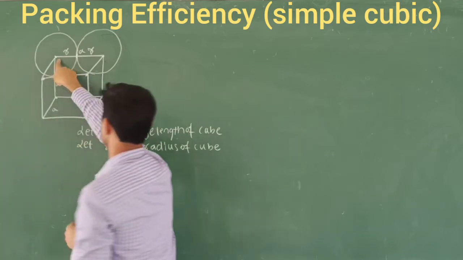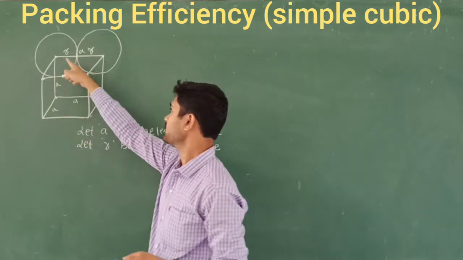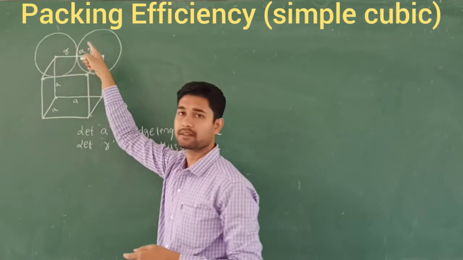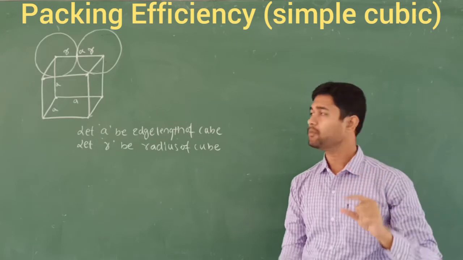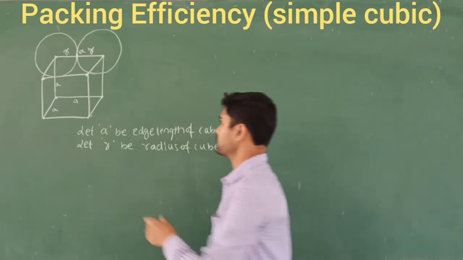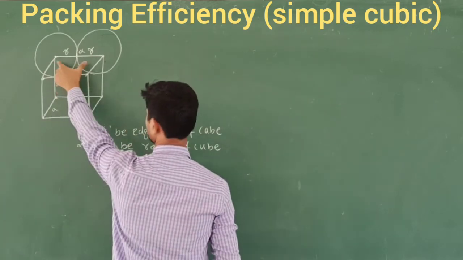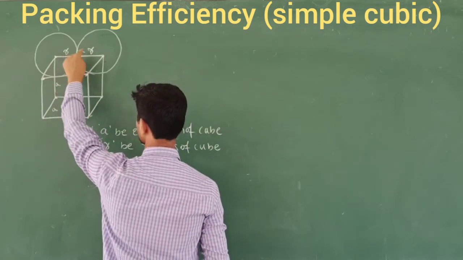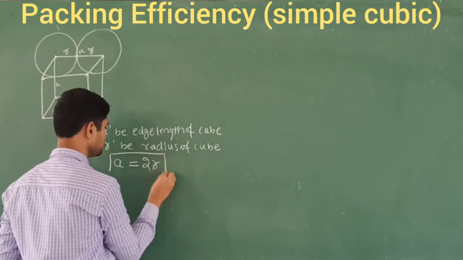So in one edge length, that is in one side, there will be 2r. This is the relationship between the edge length, the side of the cube, and the radius. I am going to write it as A is equal to 2r.